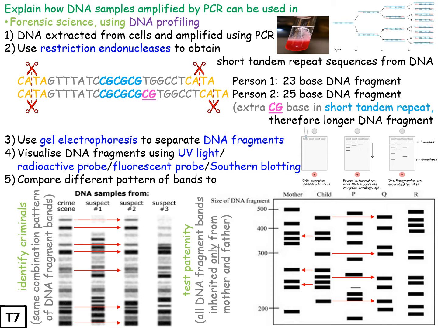So in the example, you can see here that some of the DNA fragment bands come from the mother, and then some come from the father. Every single DNA fragment band must come from either the mother or the father. They can't come from another person. So that's how you could identify who the mother and the father are.